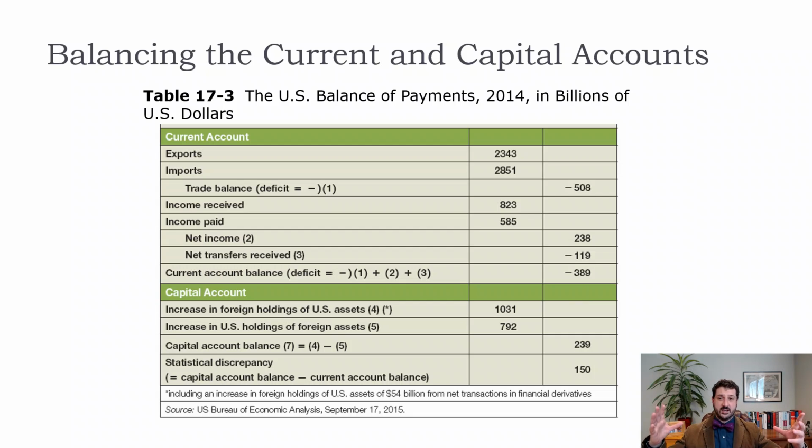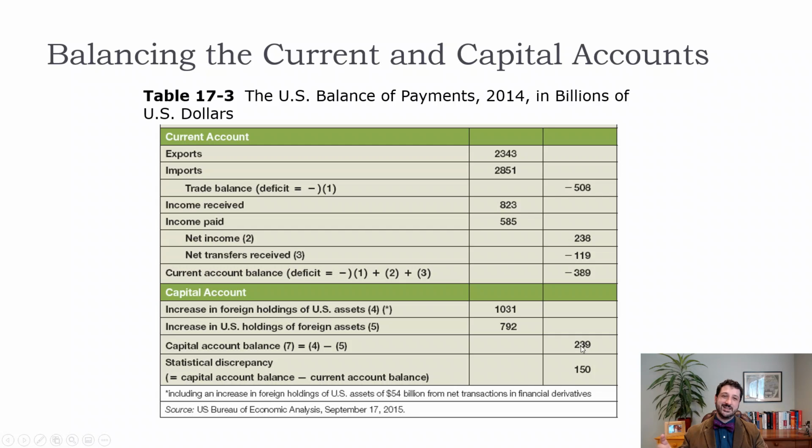That's above the line. What about the capital account? Well, the increase in foreign holdings of U.S. assets was about $1 trillion, so $1.031 trillion. And the increase in U.S. holdings of foreign assets was $792 billion. And so that gave us a capital account balance, which is just the first line minus the second line, of $239 billion.